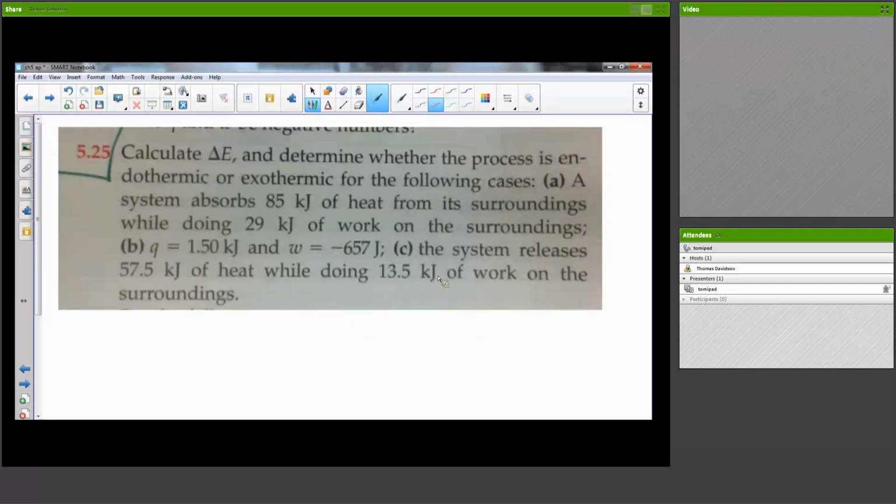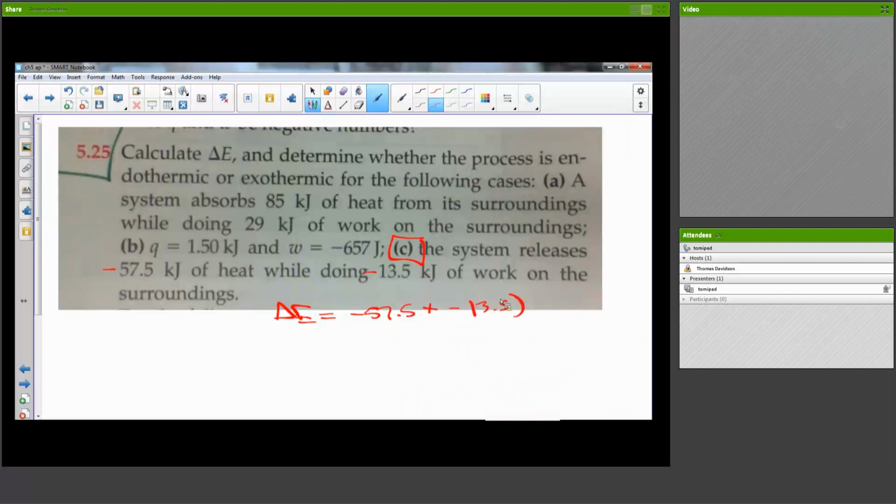All right, C. The system releases, that's a key word, 57.5. If it releases, what sign? Negative. Of heat while doing 13.5 kilojoules of work. If I'm doing work, what sign? Negative. Doing work's always a negative. All right, so we have delta E equals negative 57.5 minus, plus minus, right? 13.5.